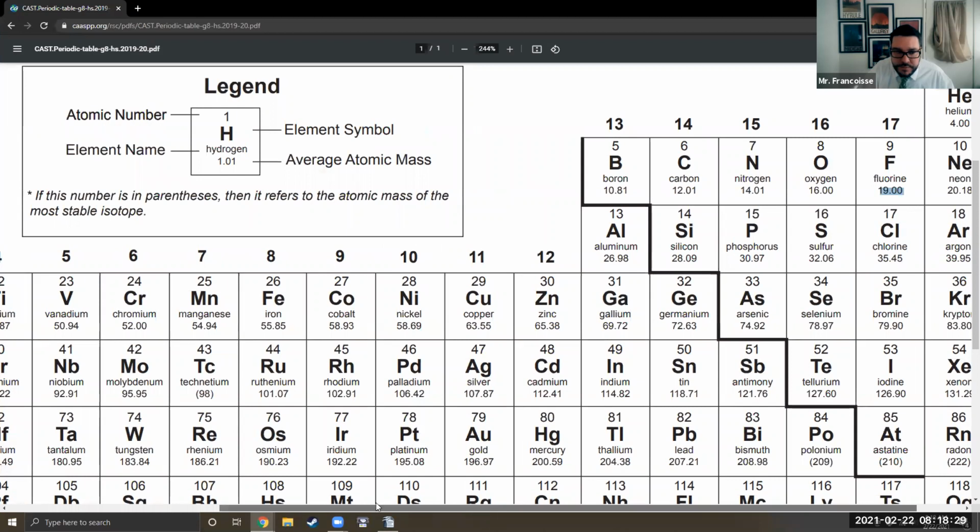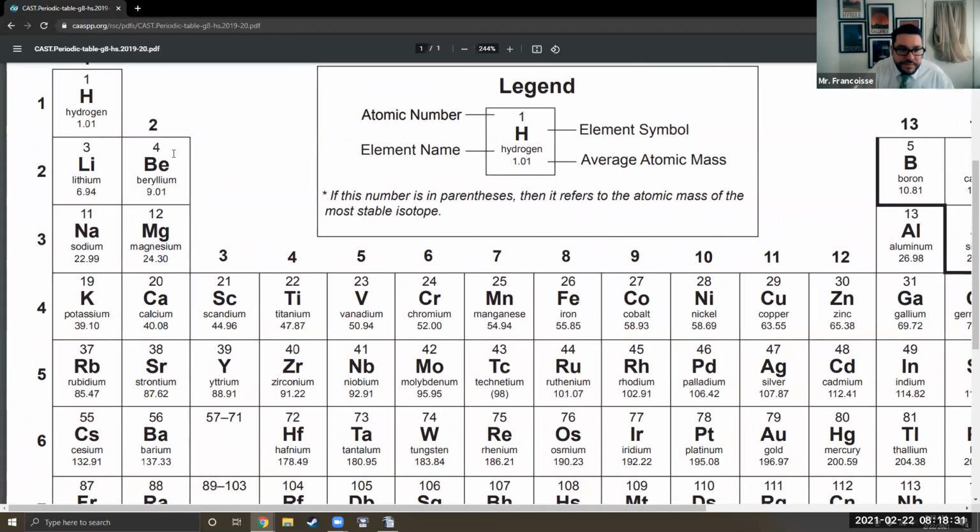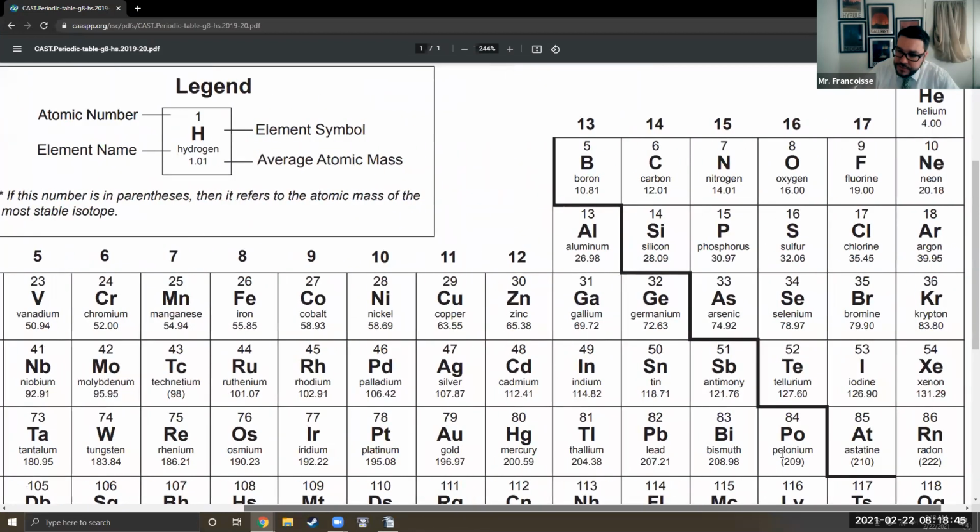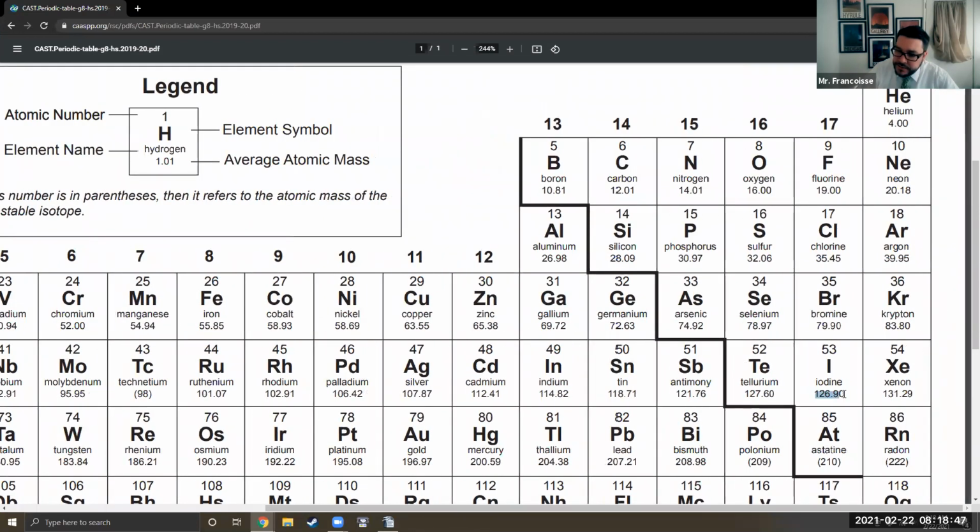Beryllium is going to be on our left side of the periodic table as element number 4, and it has a mass of 9.01. We look up iodine. I is on the opposite end. Iodine has a high mass of 126.90.